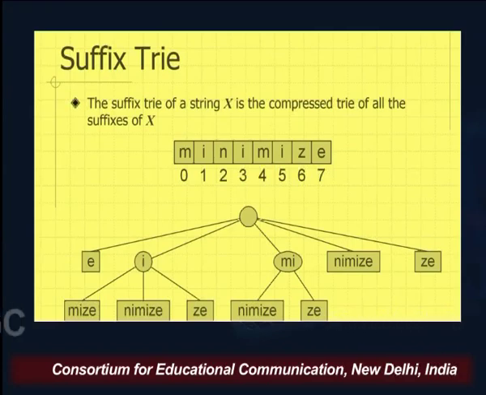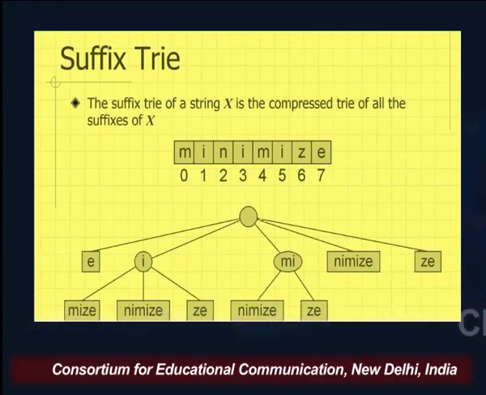We will take this with the help of an example, using one particular string, "minimize", which we have stored in the form of an array. This is an 8 character array from 0 to 7, and this is the suffix trie corresponding to this string X. Let us figure out all the possible suffixes.